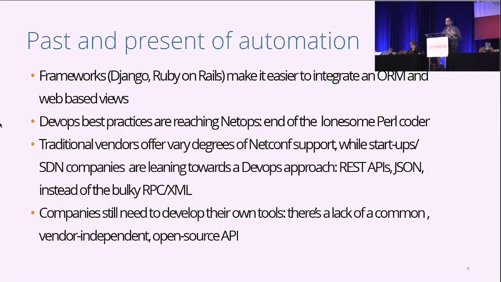So I don't know if netconf is going to die, but it's definitely not the best solution today if you're in a multi-vendor environment. And my other view on that is that we definitely need a common API, a simple to use API that would allow us to program all of our devices completely vendor agnostic. And I hope someday the vendors will hear me and produce that kind of stuff.